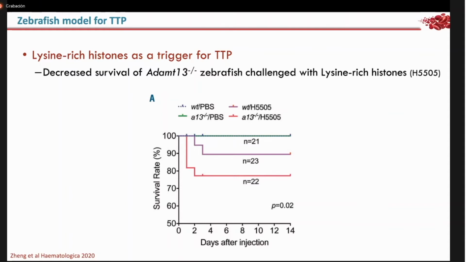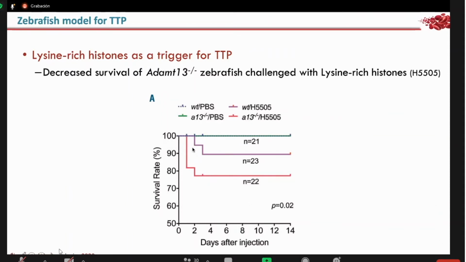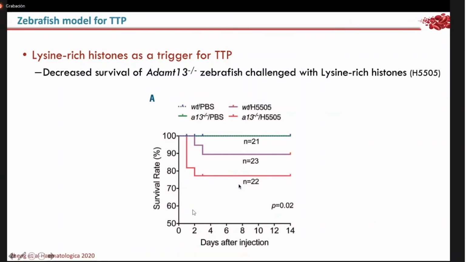But here in the zebrafish, when TTP was induced, the frequency of death in these zebrafish was higher. Here in red is the curve where we have the knockout zebrafish treated with the histones, compared to the wild-type zebrafish treated with the histones in purple, or wild-type and knockout zebrafish treated with PBS in green.